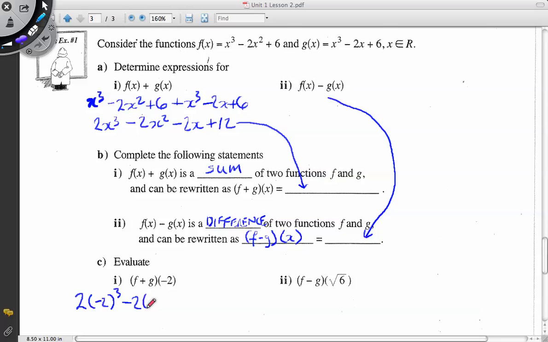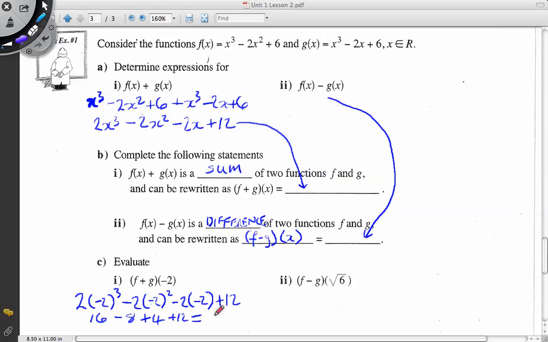Minus 2, negative 2 squared, minus 2, negative 2, plus 12. Okay, negative 2 cubed is negative 8. 2 negative 8's, negative 16. Negative 2 squared is 4. 4 times negative 2, negative 8. This is going to be positive 4. And this will be plus 12.